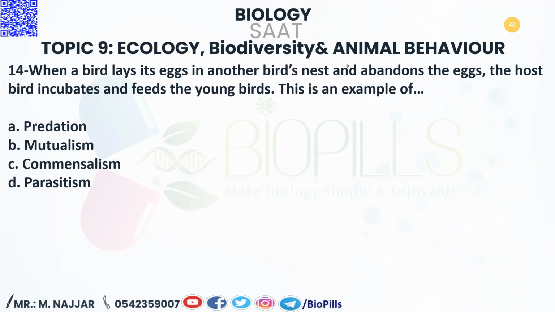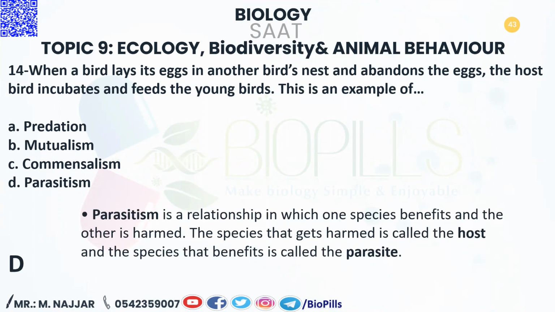It is a clear example of parasitism, in which the bird that lays its eggs in another nest is considered the parasite, and the other one that raises the young is the host. So it is parasitism, a symbiotic relationship in which one species benefits and the other is harmed. The species that gets harmed is known as the host, and the species that benefits is called a parasite.